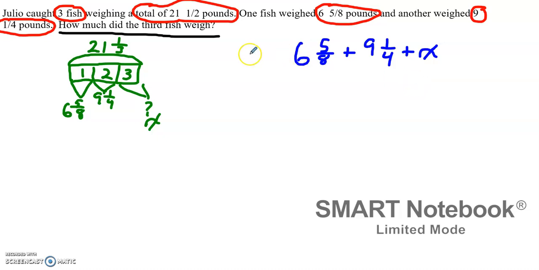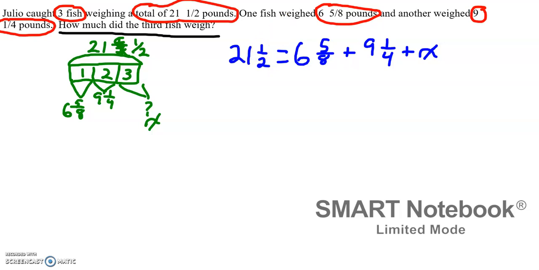Now I know I've used all that information, and I know they all total 21 1/2. This is 1/2, it's not coming out right, so I'm going to rewrite it on the side so you can easily see it. That's what it equals, and now I'm making it an equation because I have that.